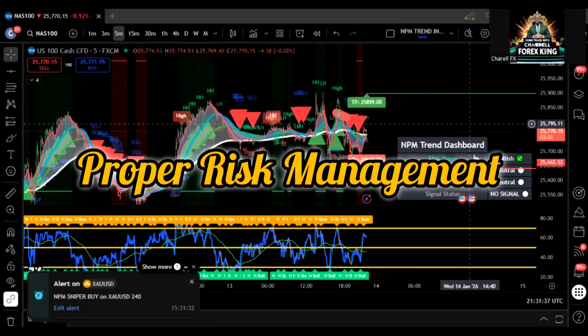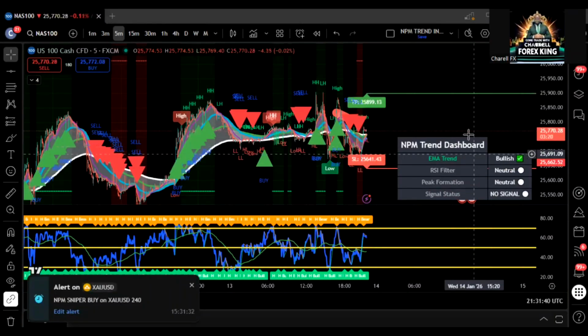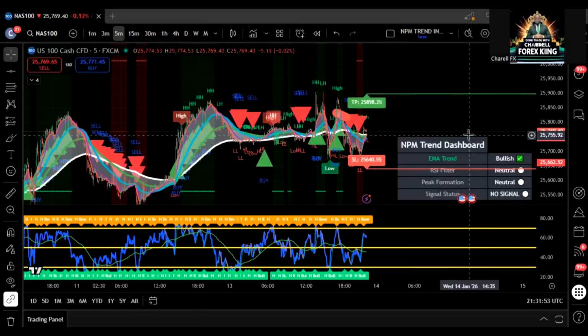So I would say risk only 1 to 3% per trade. Also, you don't need to be greedy. Say for instance, you want to make 500 that day. Get in, make that 500 and get out. This is what you need.